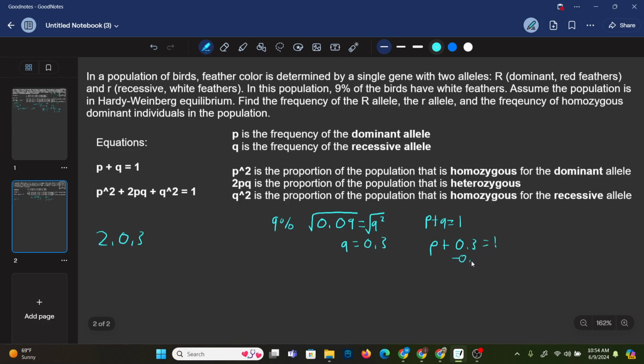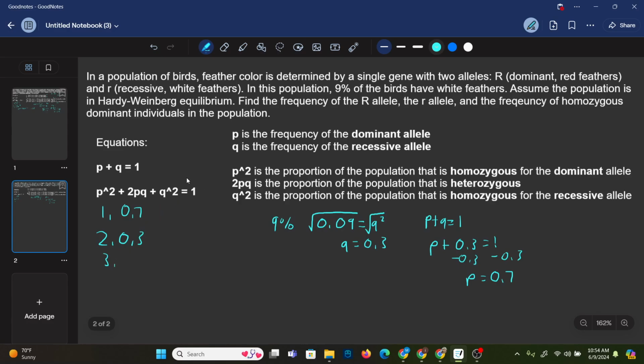We subtract 0.3 from both sides to get p equals 0.7. And so that would be the frequency of the big R allele, which is the dominant allele. So it would be 0.7, which is p.